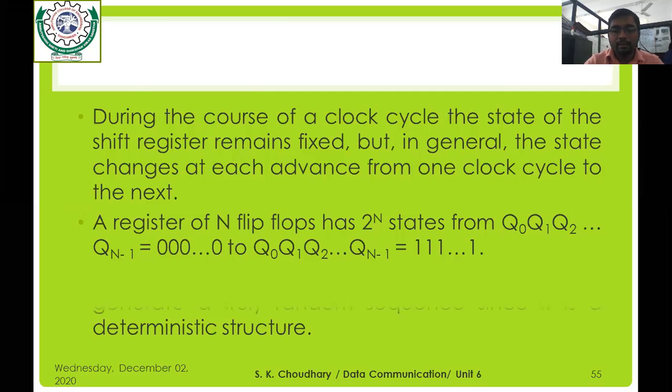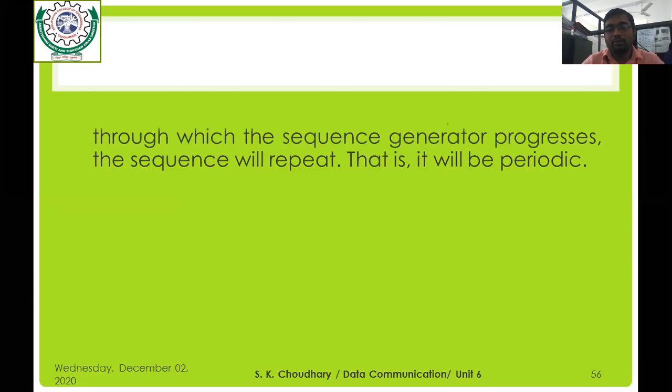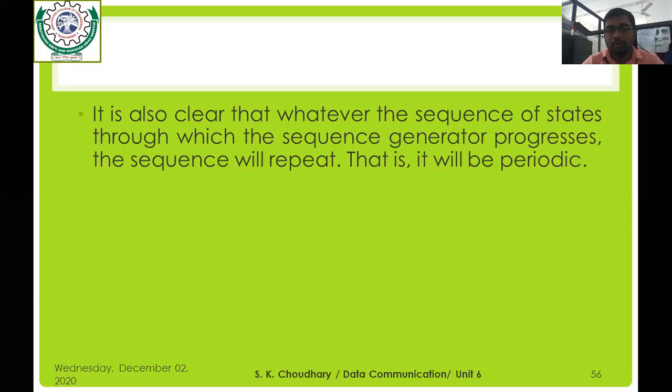It is clear that the hardware cannot generate a truly random sequence since it is a deterministic system. Generally we say the sequence is random in nature, but in actual fact it is a little bit deterministic. That's why it is not called a random sequence, it is called a pseudo random sequence.